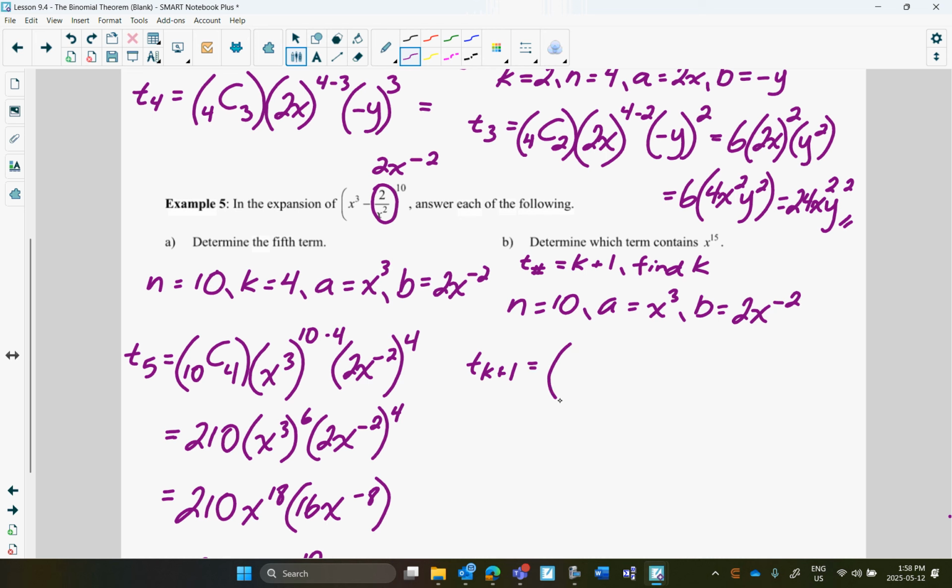In other words, n is 10, choose k, because we don't know that. And then it's x to the third times n minus k. Well, we know n is 10, but we don't know k. Finally, 2x to the negative second raised to the k.